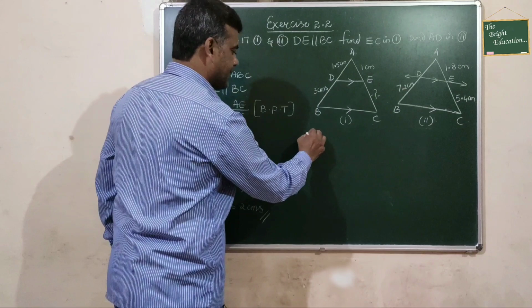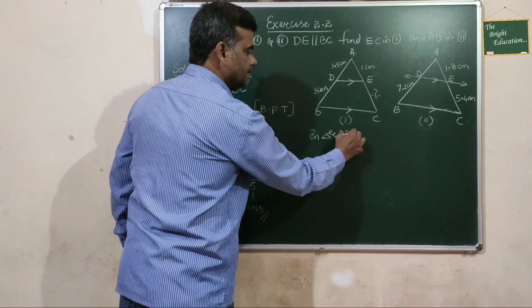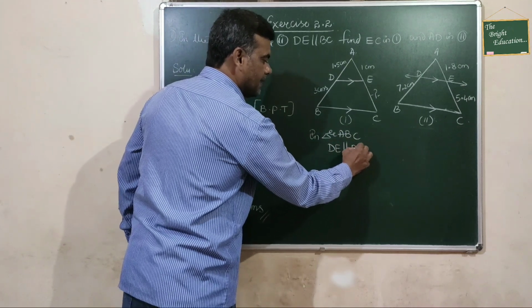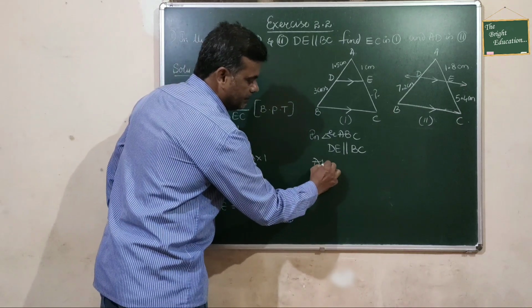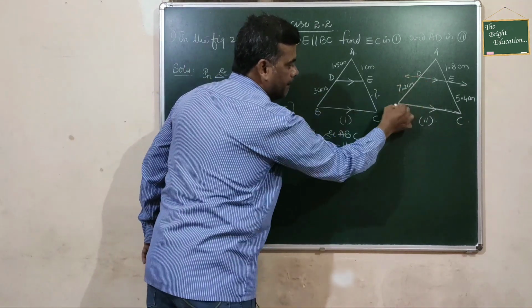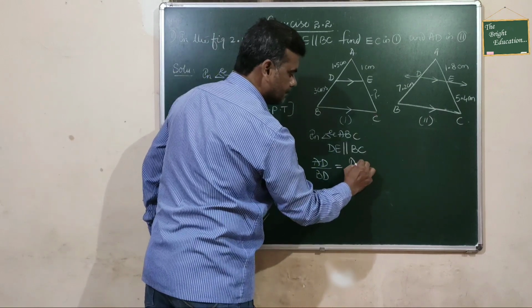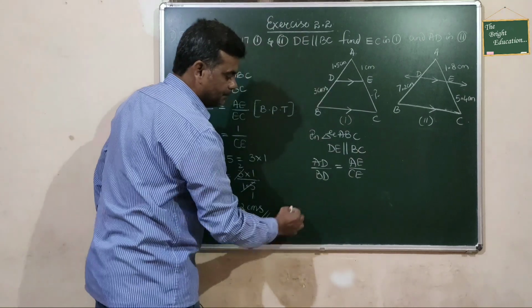Now in the second figure, in triangle ABC, as we know that DE is parallel to BC, according to the basic proportionality theorem, AD by BD equals AE by CE.